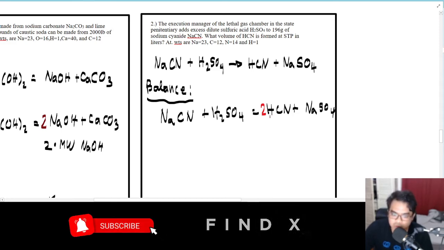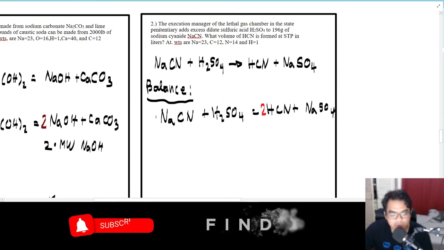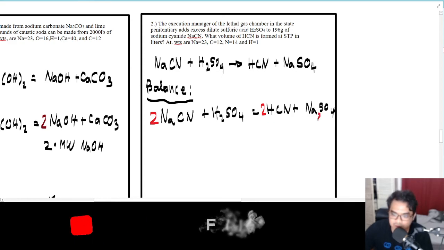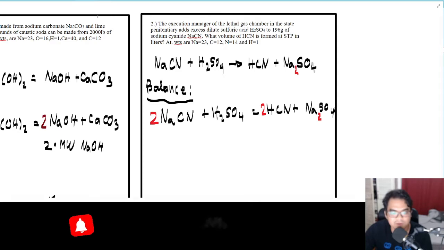But now we have 2 carbon and 2 nitrogen, and on the left side we only have 1 of each. So you put here 2. But now the Na is no longer balanced, so this should be Na2. The one that we'll be adding here should be Na2. Okay, so that's already balanced.